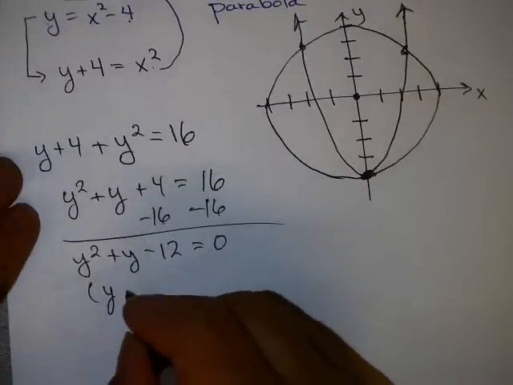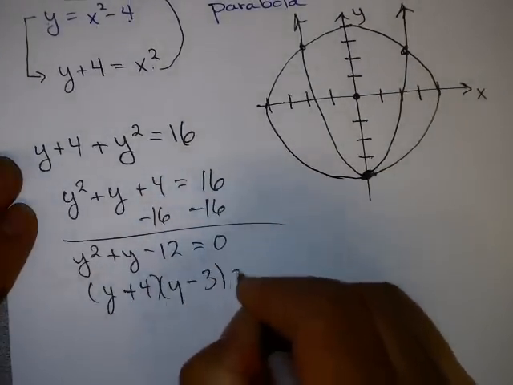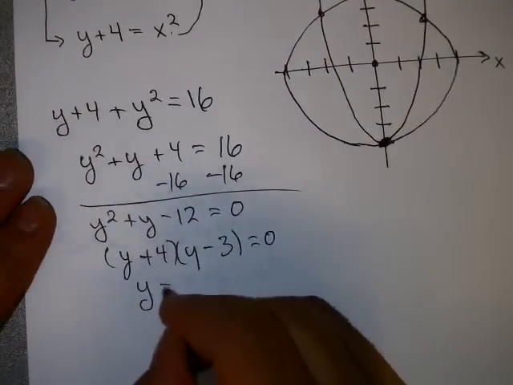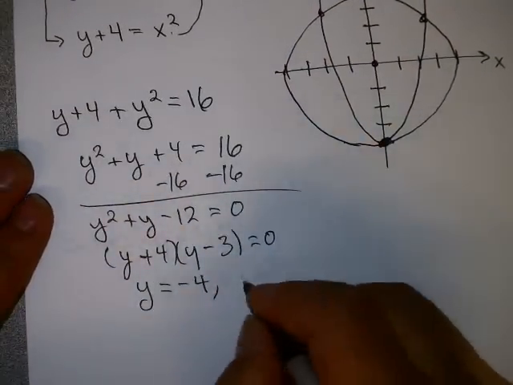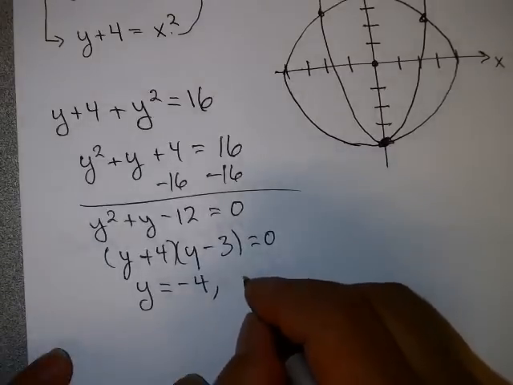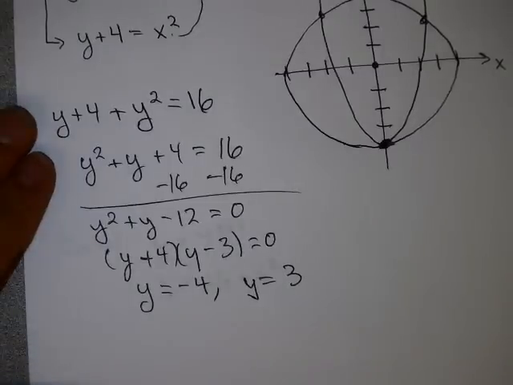So y plus 4, y minus 3 equals 0. That gives me possible solutions for y of negative 4 and y of 3. So those are my possible solutions for y.